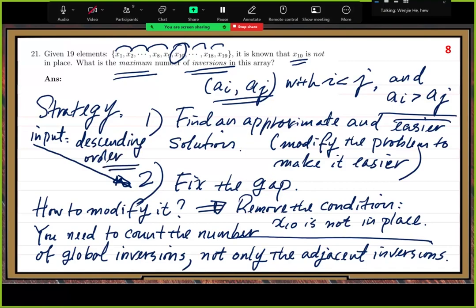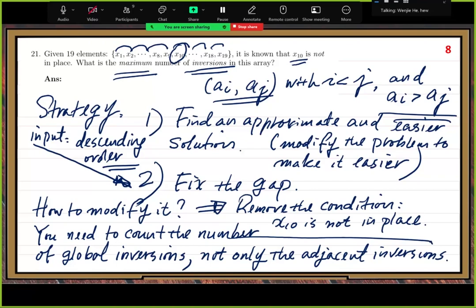This kind of input gives you the maximum number of inversions. So you can get a formula for arbitrary n, but here n equals 19, so you plug in 19.